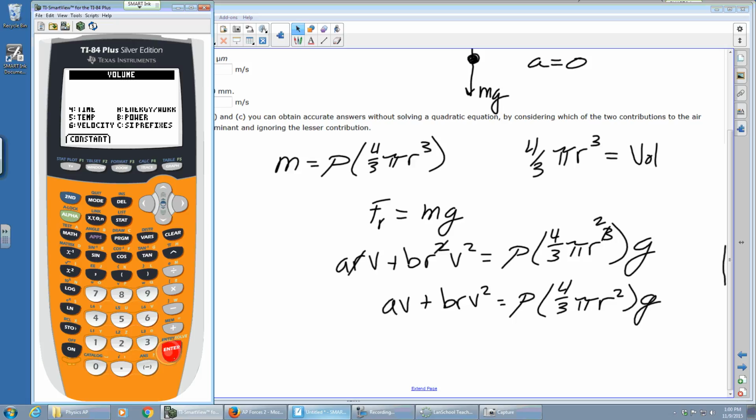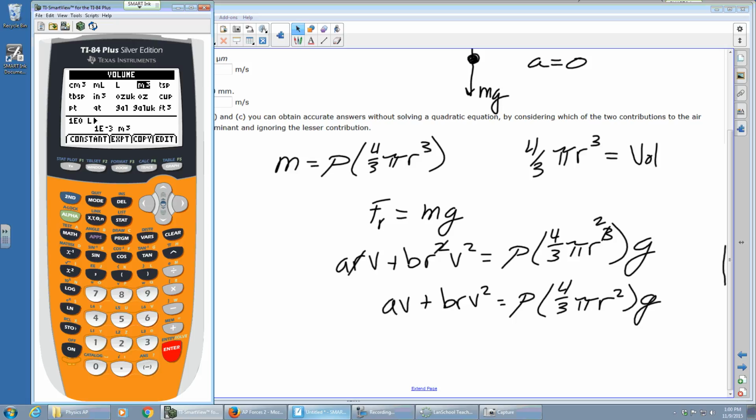But you could do volume, and you know 1 liter is how many cubic meters: 1 times 10 to the negative third. That's rho.